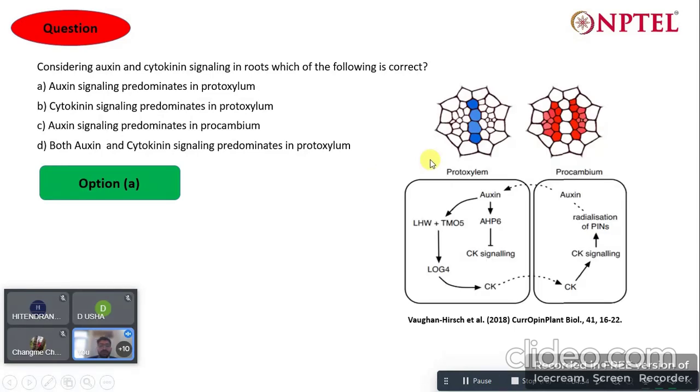So how did this happen? So auxin controls AH, and all these regions help in the production of cytokinin, and this cytokinin moves to the procambium, and here cytokinin signaling only takes place. So this is how the auxin cytokinin signaling maintenance takes place in the plant. So in different regions, like in protoxylem, majorly auxin signaling predominates, but in procambium the cytokinin signaling predominates.